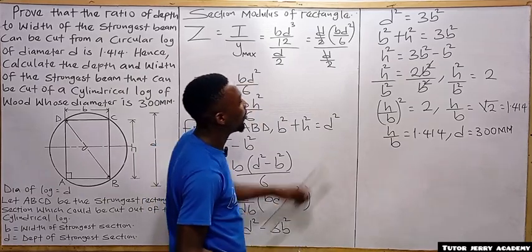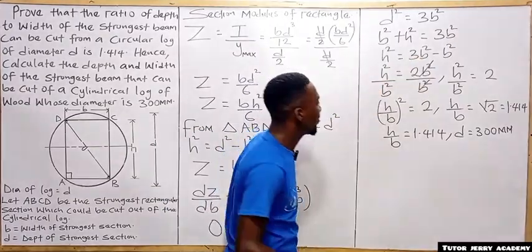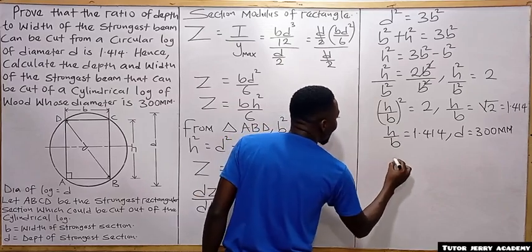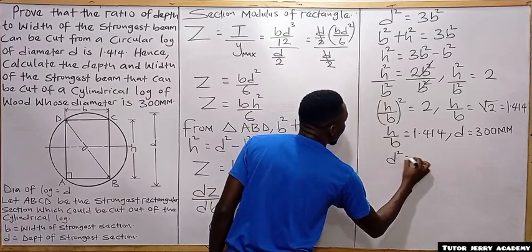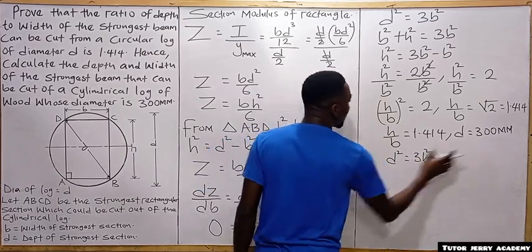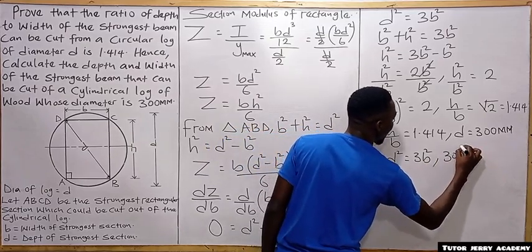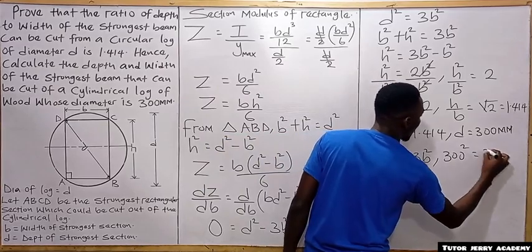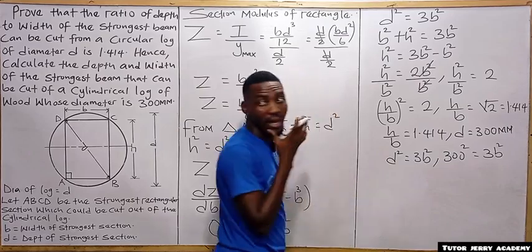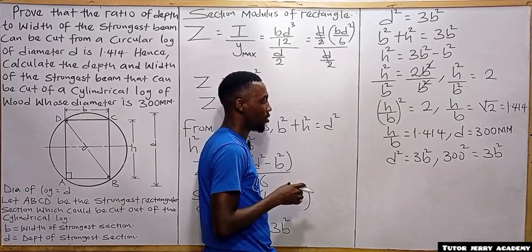So from this equation that we have here, we can get the base. All right, let's analyze the base first. So now from that equation, we know that d squared is equal to 3b squared. So if we substitute 300 here, we are going to have 300 squared equal to 3b squared, right? 300 squared is 90,000.